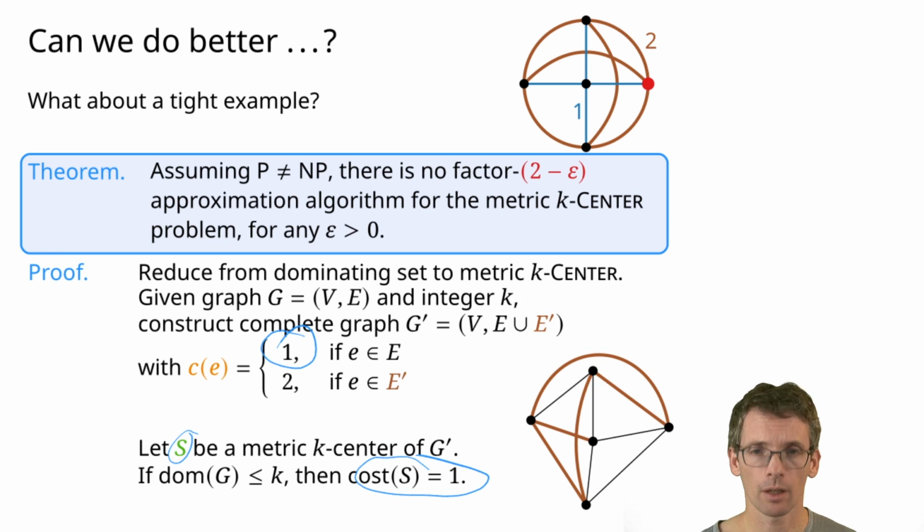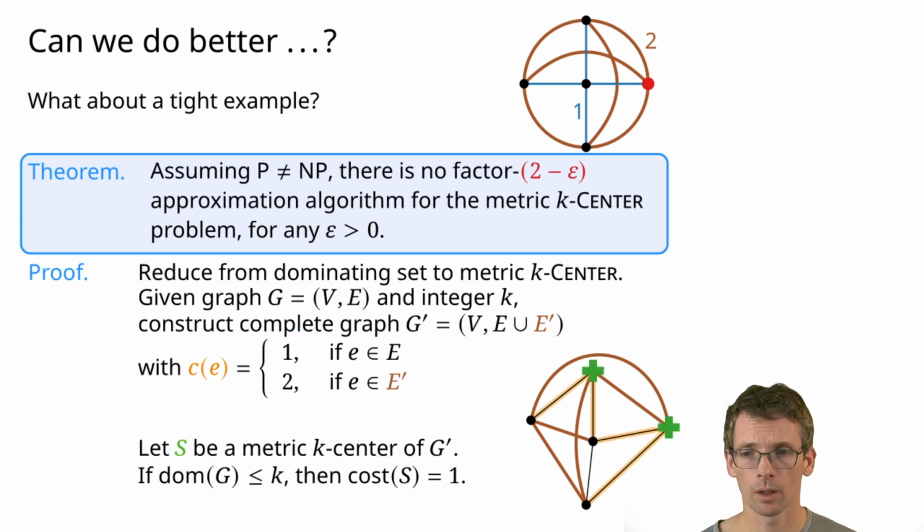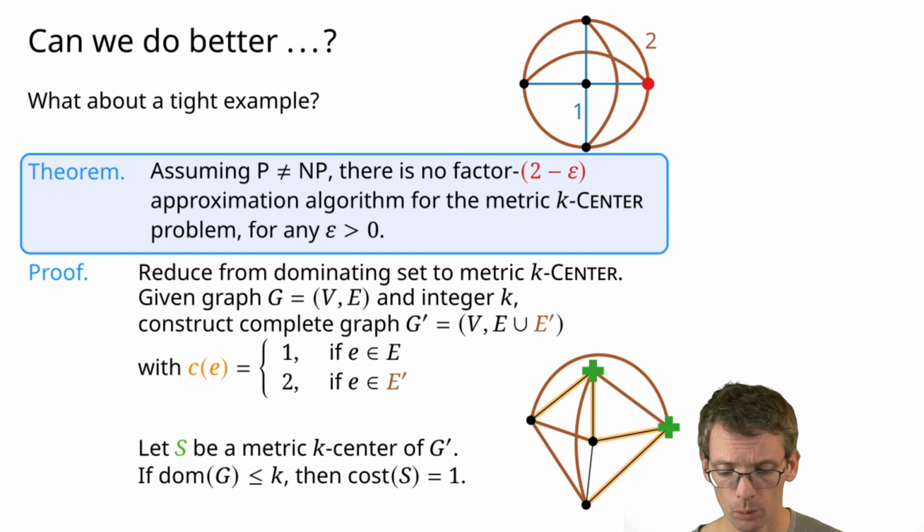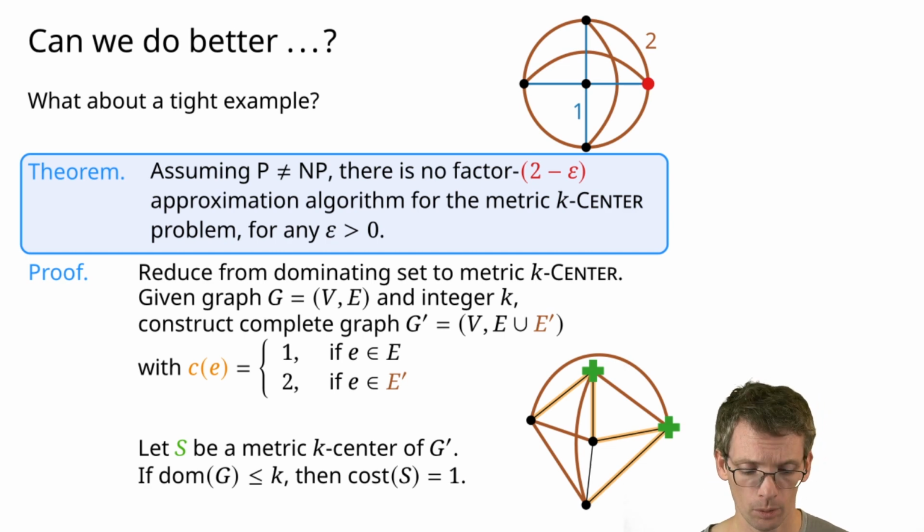So for instance, if k is 2, there is a dominating set of size 2 in G, and I can use this also as my set of centers.